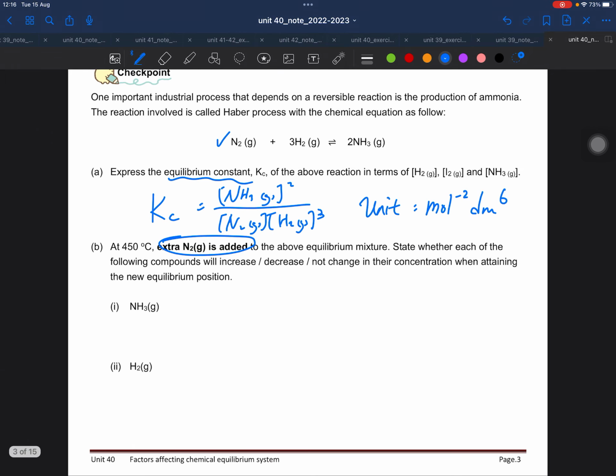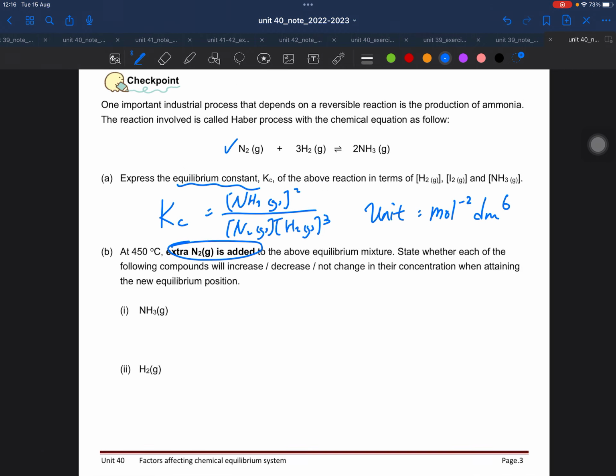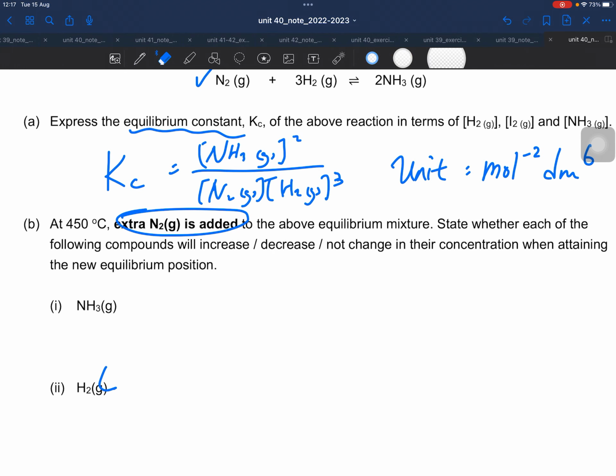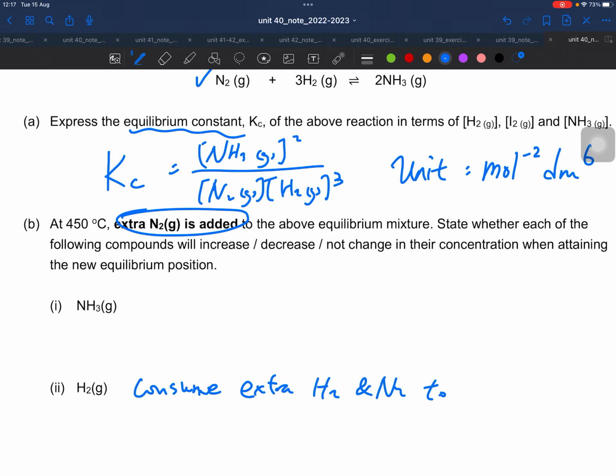There is too much reactant, so I should consume extra H2 and N2 to keep Kc unchanged.